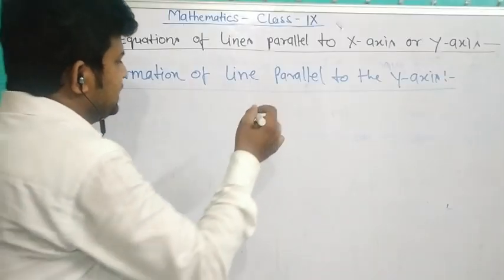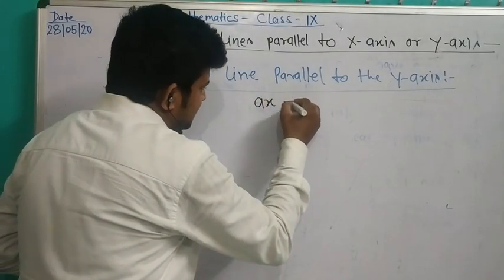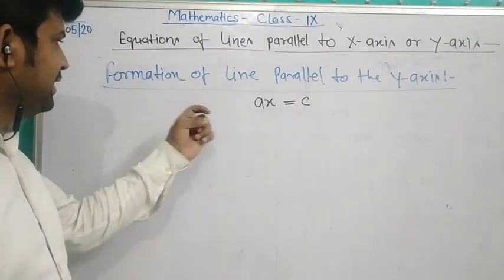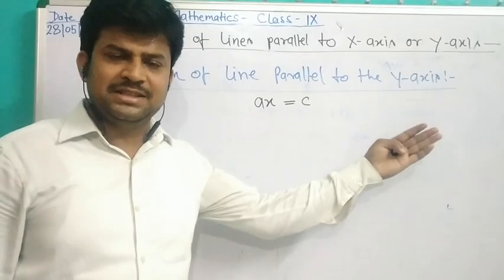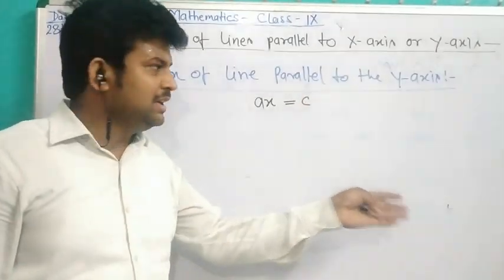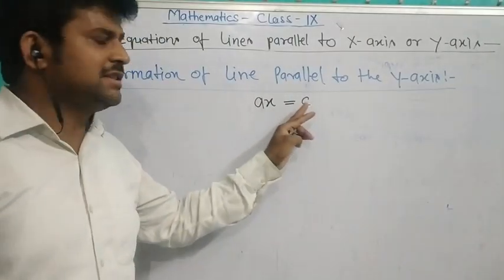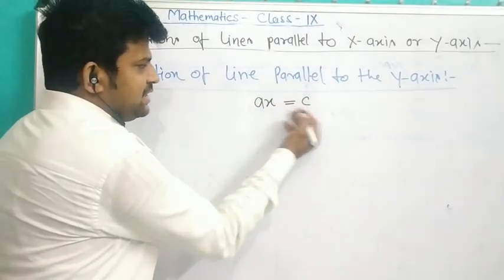For a line parallel to the y-axis, we write ax = c. When we discuss the formation of a line parallel to the x-axis, we write by = c, and when we discuss the formation of a line parallel to the y-axis, we write ax = c.